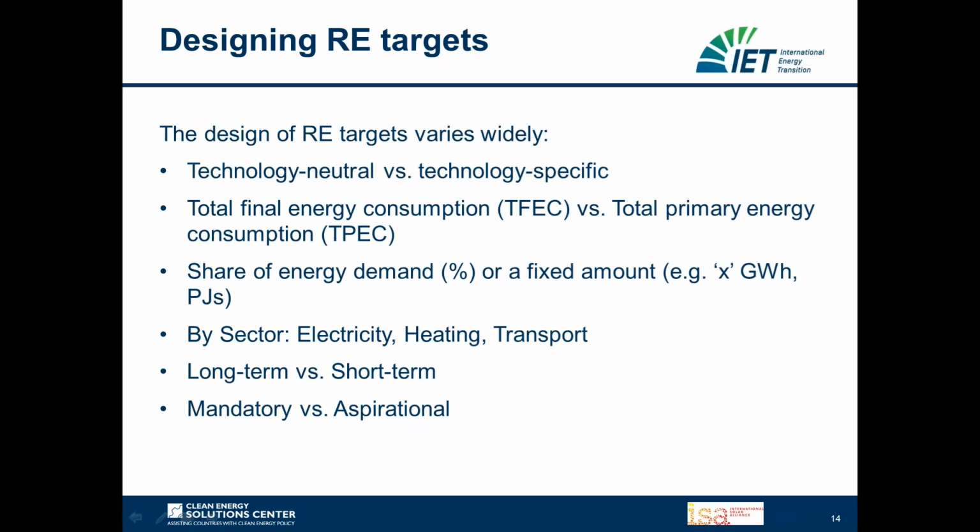You would normally have to operate with some sort of penalty in order to operationalize this binding target, or you just make it aspirational and include it as a sort of voluntary agreement between government and industry that these targets should be reached by a certain date.